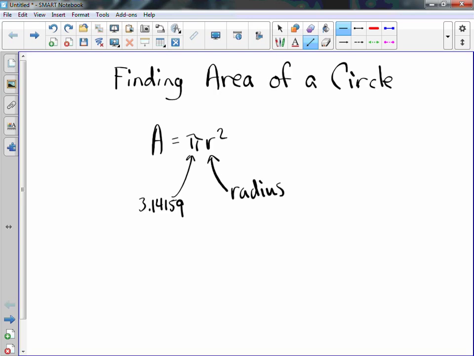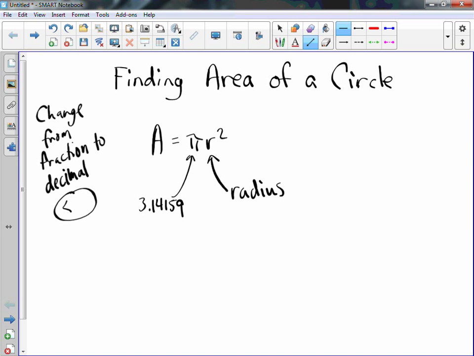When we type it in, we're going to use the pi button on our calculator and get our decimal from that. Remember on the calculator that we have, if you want to change from fraction to decimal, you use the button that has the two arrows on it pointing opposite directions.